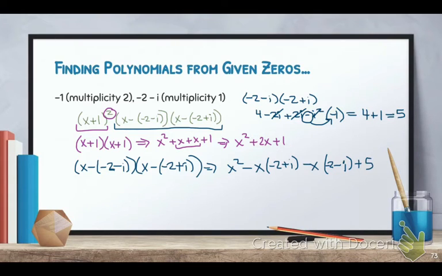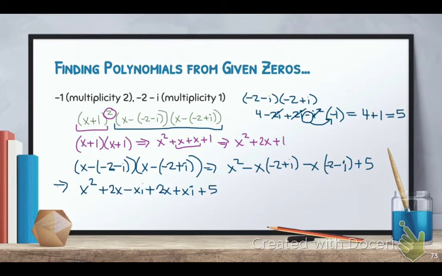Right, so now we can distribute the x's in, and we get x squared plus 2x minus xi plus 2x plus xi plus 5, right?